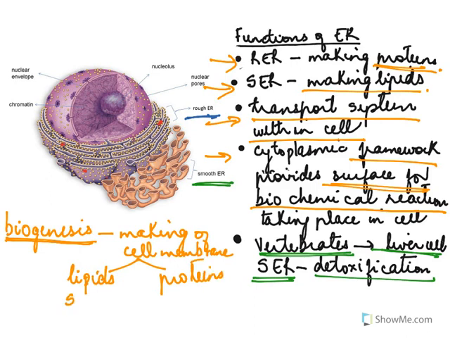The lipids are made by the SER and the proteins are made by the RER. So the SER and the RER are involved in making the cell membrane. This process is called biogenesis. So I repeat, biogenesis is a process of making the cell membrane with the help of lipids and proteins.